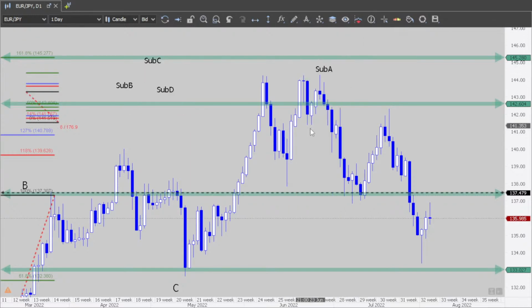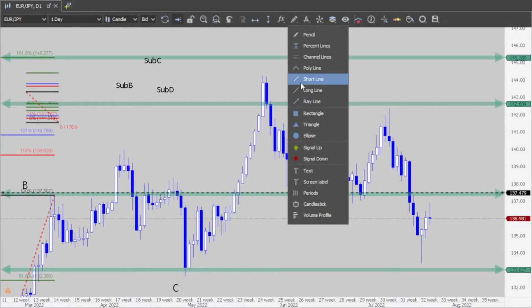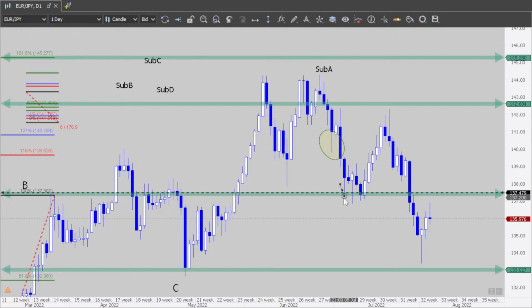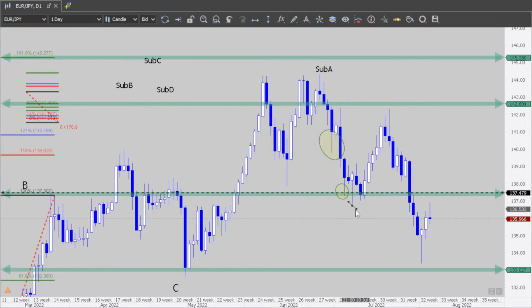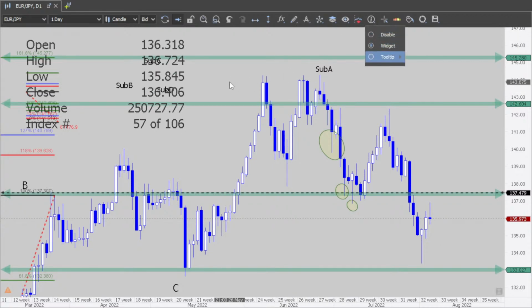Which one is our sub B, everybody? Is the first circle our sub B? Is the second circle our sub B, or is the third circle our sub B? Queen says third. Ooh, let me see. Third circle, this one, high 14424.